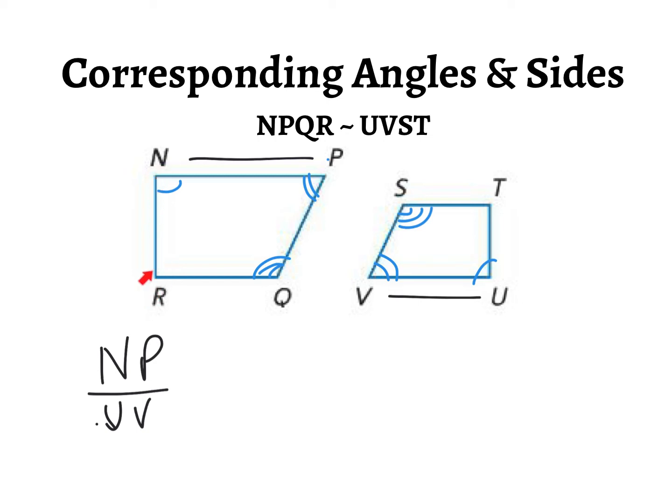I can go from one arch to no arches. So NR corresponds with UT. I have this side corresponding with this side. I can now go to the other piece, RQ, no arches to 3 arches. So RQ corresponds with TS.